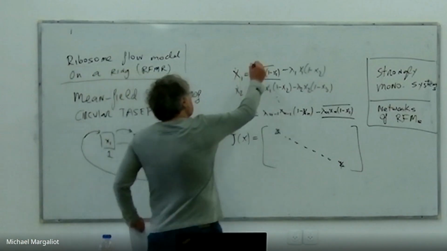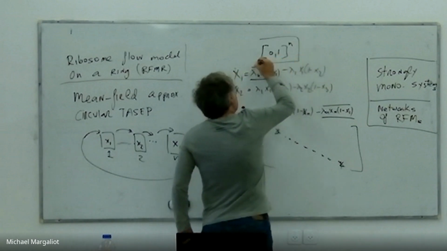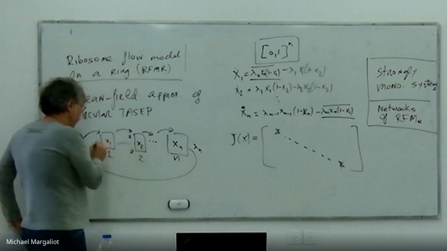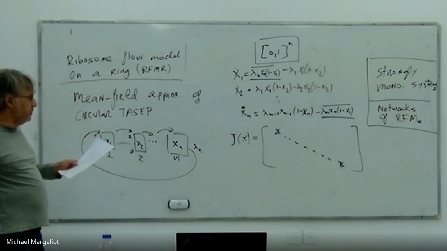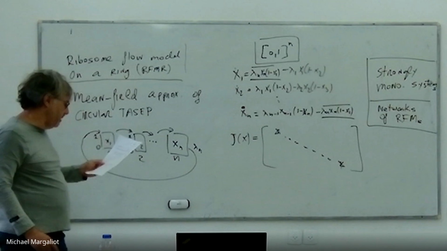Of course, the state space is just like in the RFM, the n-dimensional cube, because every density is normalized, so it can only take values in [0,1].